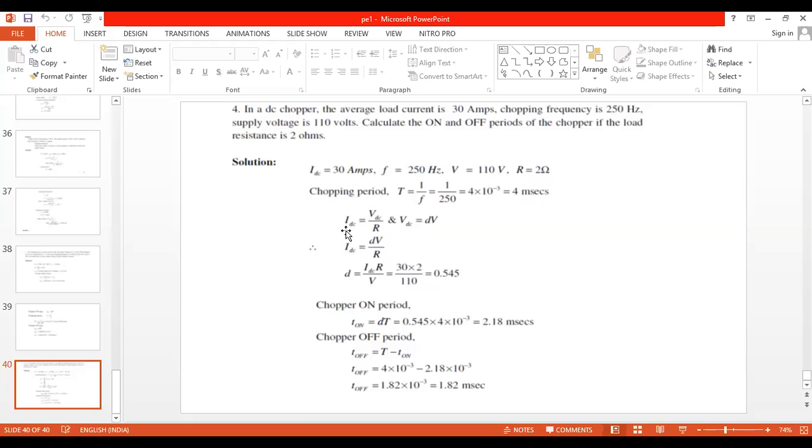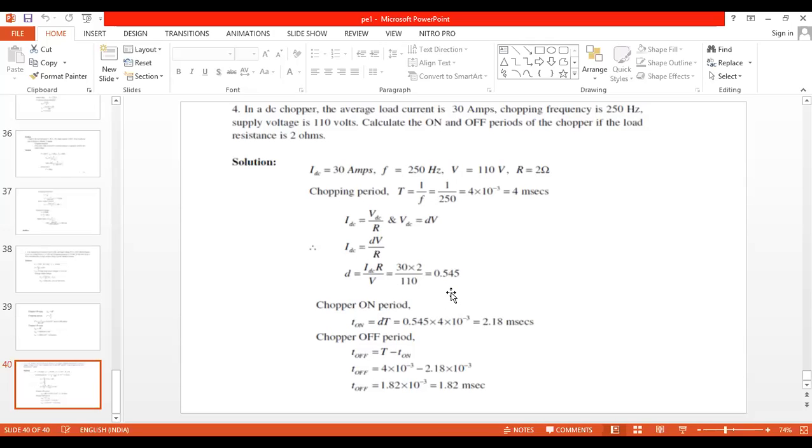So IDC, output current, equals output voltage by resistor. And what is the output voltage now? Output voltage equals input voltage into duty cycle: V naught equals Vi into del or D. So now using this, IDC equals dV by R, and delta or duty ratio equals IDC into R by V, which you are going to get as 0.545.